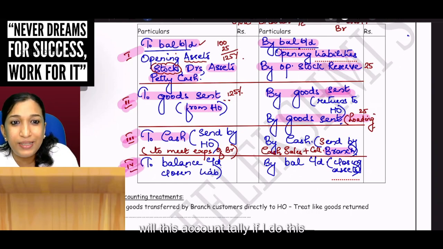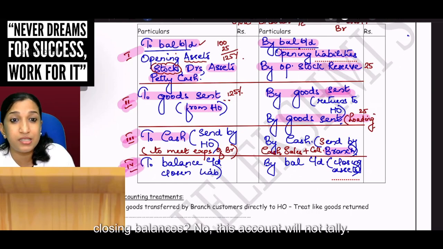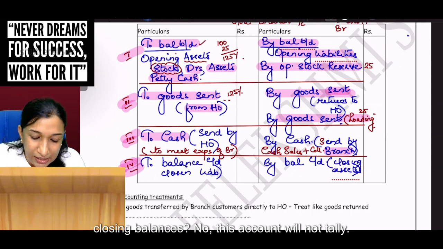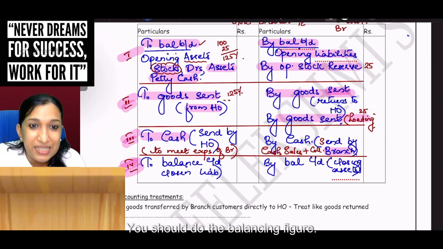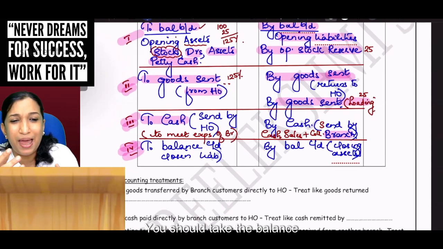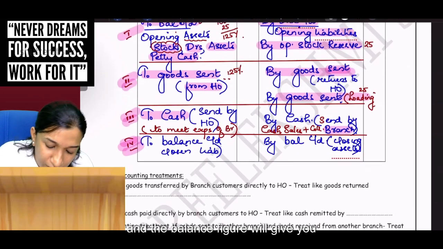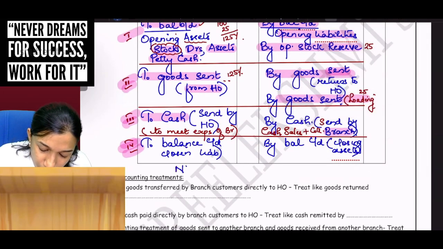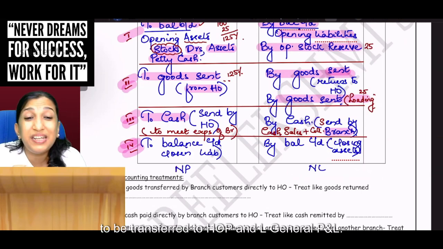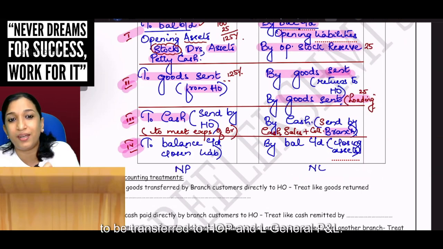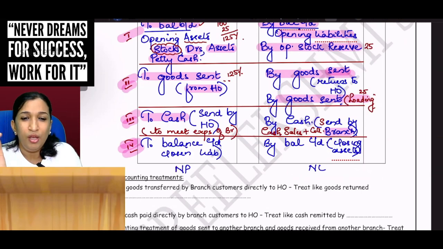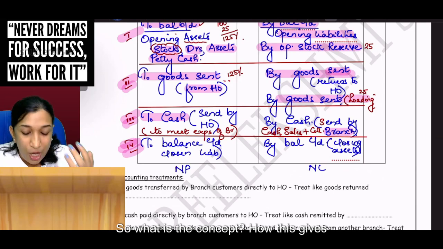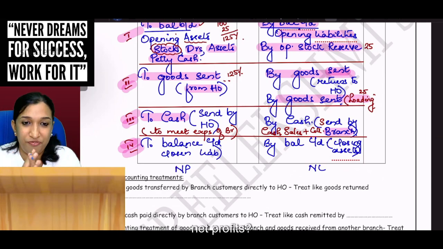Now, will this account tally if I do this closing balances? No, this account will not tally. You should do the balancing figure. The balance figure will give you net profit or net loss to be transferred to HO P&L, general P&L. So what is the concept? How does this give net profit?